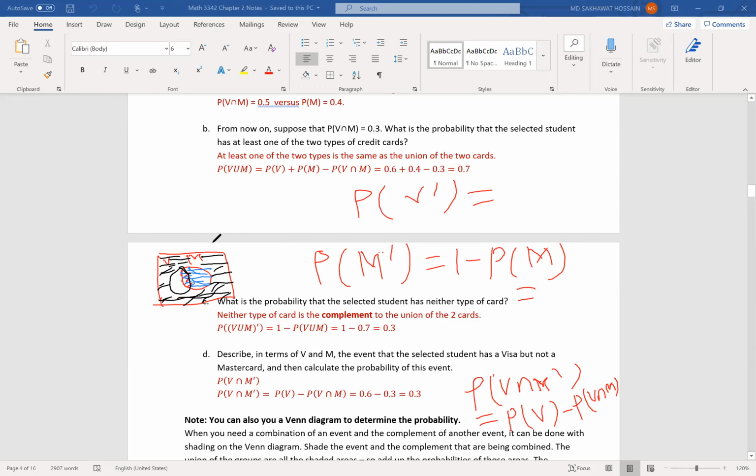Yeah, the intersection of the red and black is the unshaded region, right? So now think about this. Or maybe I can open a new blank page. I think that would be better.